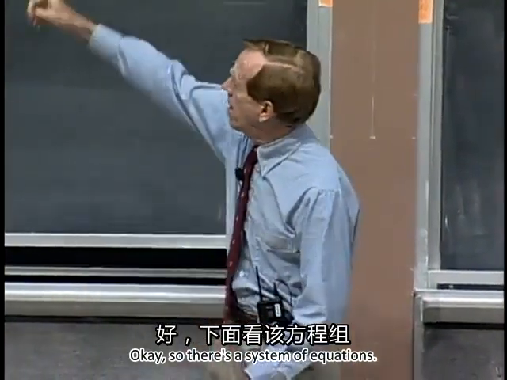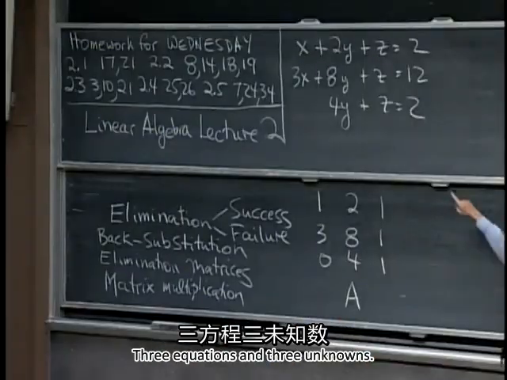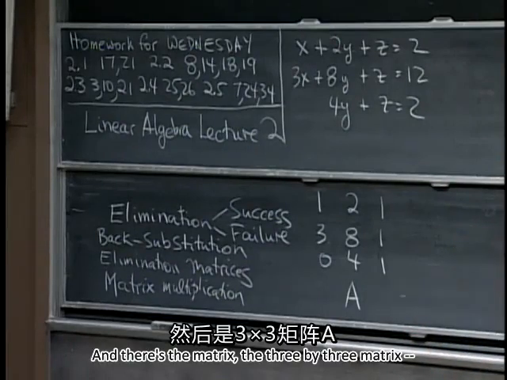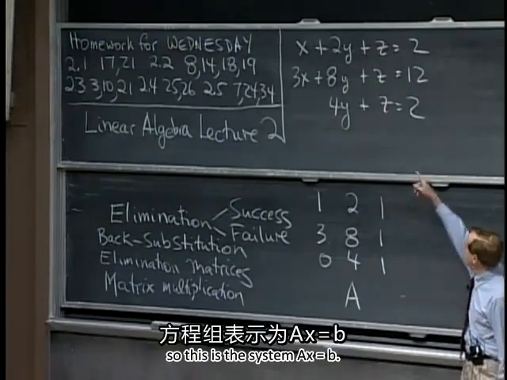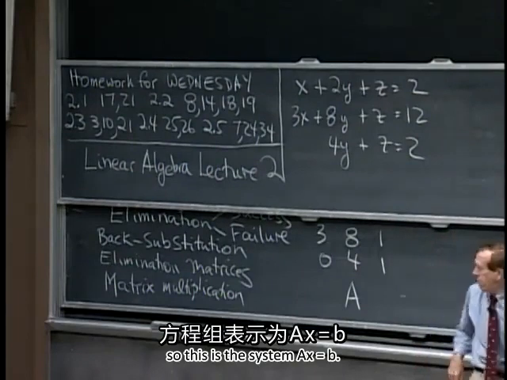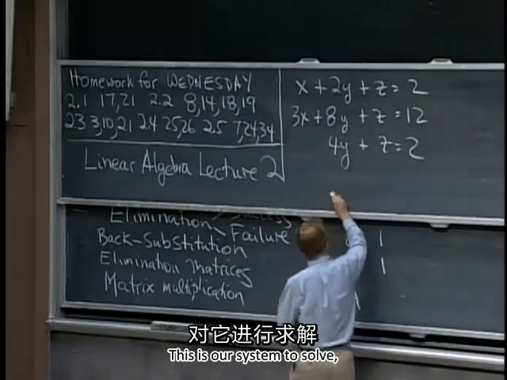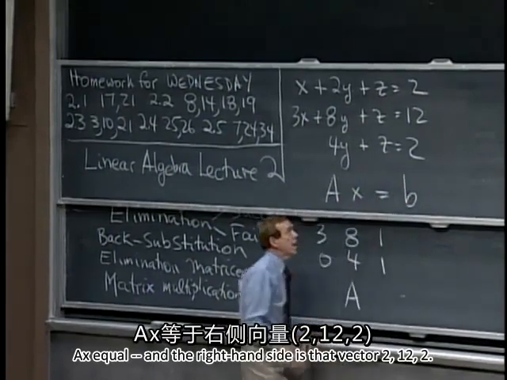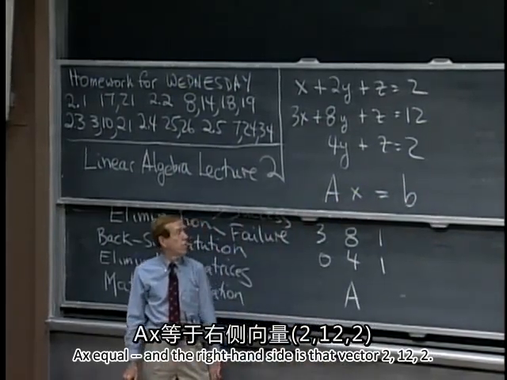Okay, so there's a system of equations: 3 equations in 3 unknowns. And there's the 3 by 3 matrix. So this is the system Ax equals b. This is our system to solve. Ax equals, and the right-hand side is that vector 2, 12, 2.